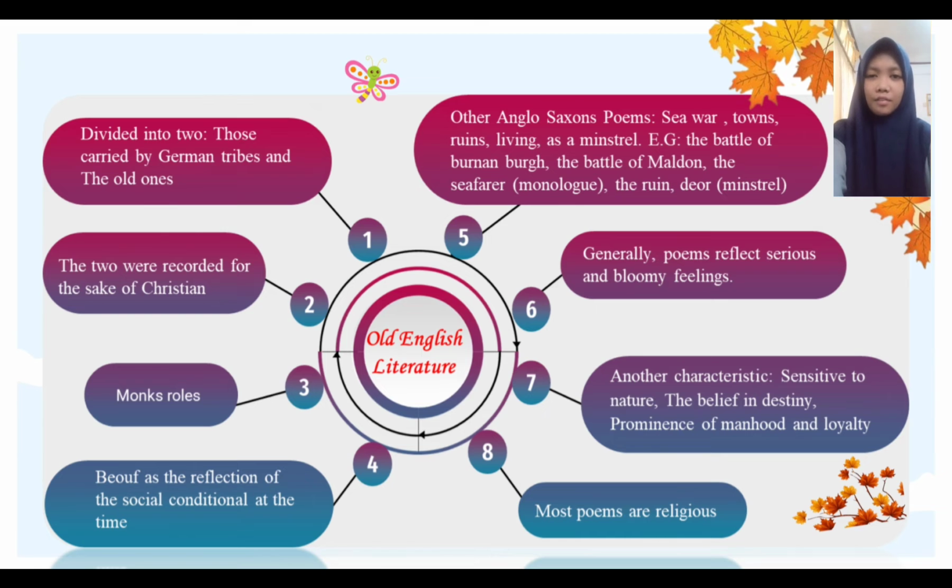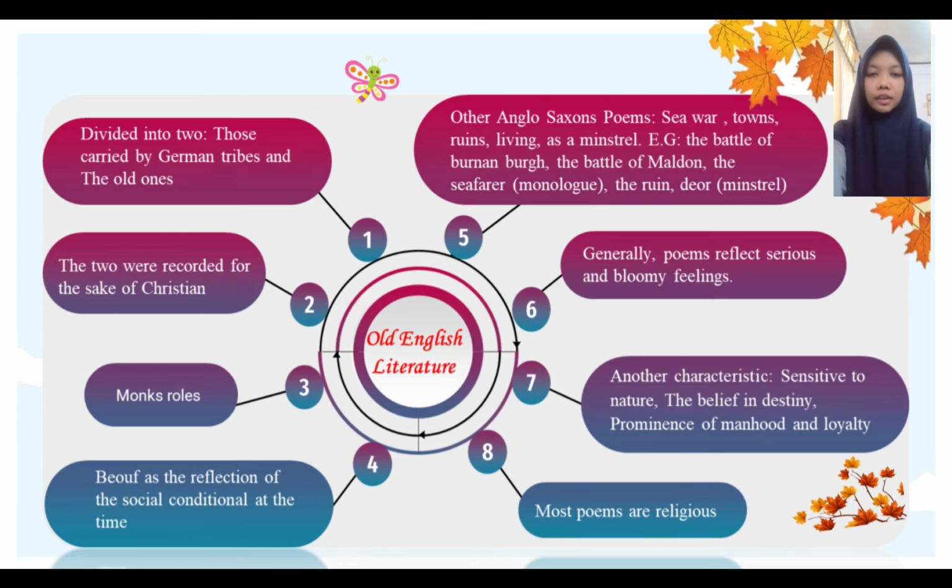Now, back to the point about it being a reflection of the conditions at the time, where life was not easy and required physical strength, courage, awareness of obedience, loyalty, and self-respect. And number five, other Old English works are elegies, such as The Wanderer, The Seafarer, The Ruin, Widsith, Deor, the Battle of Brunanburh, the Battle of Maldon, monologues, and others.